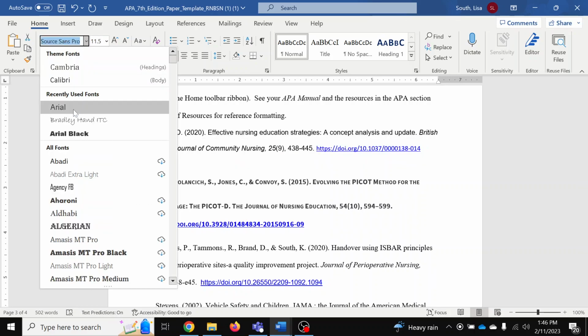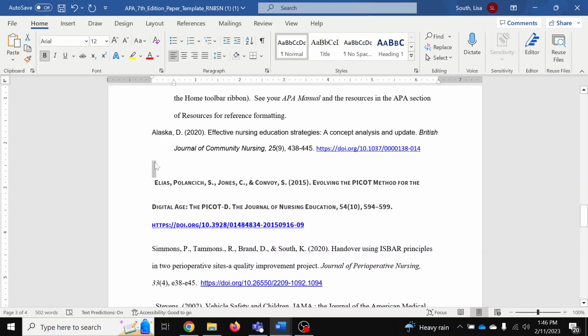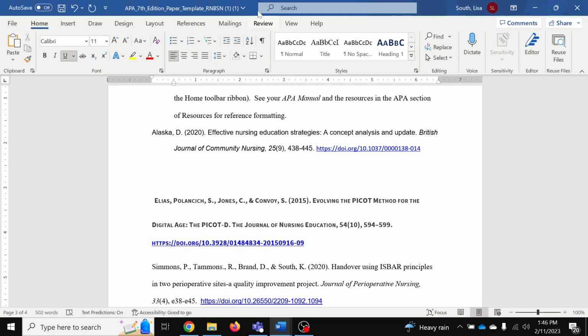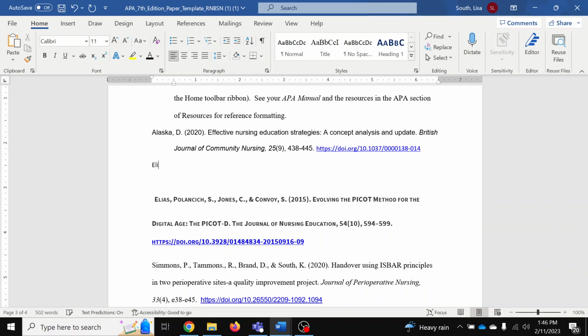Let's take it off again. I thought Arial would be easy. Okay. And I'm not getting rid of it, am I? I don't want underlined. I want black. Let's try this again. See, this is what happens when you cut and paste them, and they're all over the place.